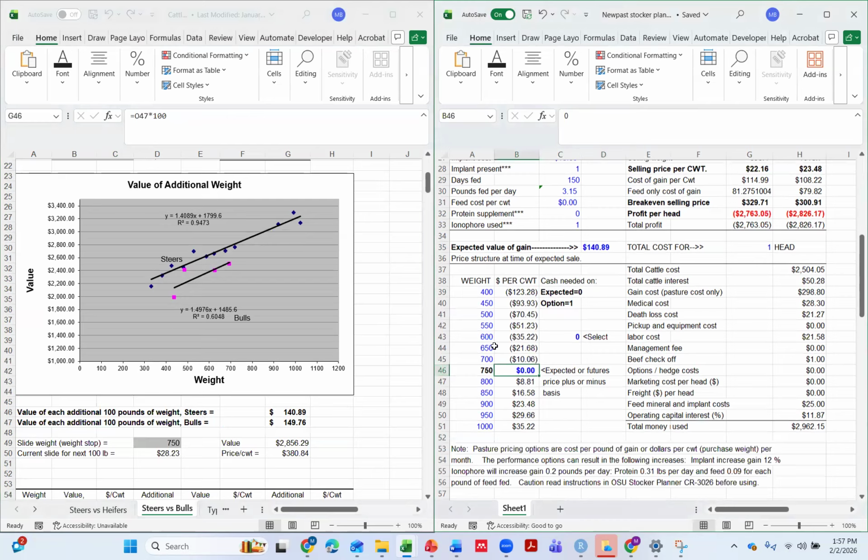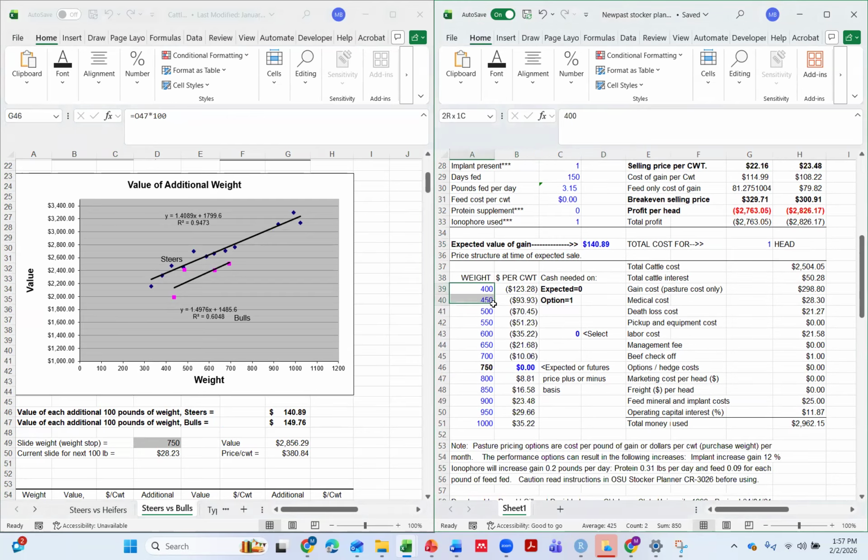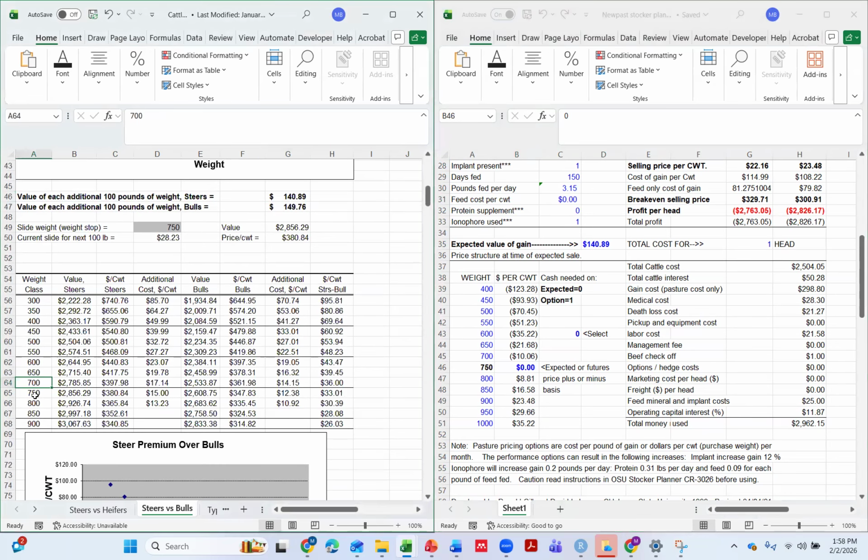Okay. And then it calculates the price for each of these given body weights based off of a given or expected price for a 750-pound animal and that value of gain we enter here. So a 750-pound animal should have been $380.84.